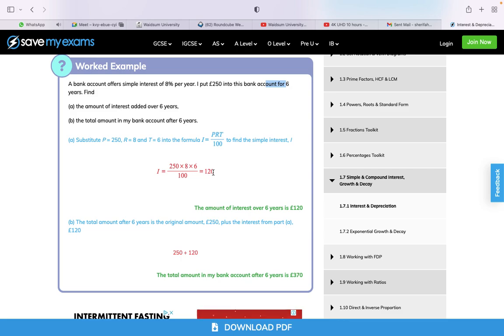Now that 291.6 times the rate, which is 8%, times 1. Every year they're seeing it as 1. Every year is 1 for compound interest. Okay? Then you divide by 100. You get 23.3.